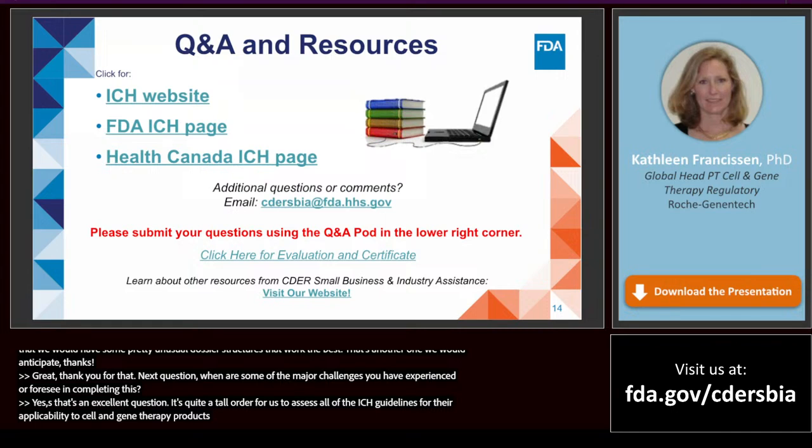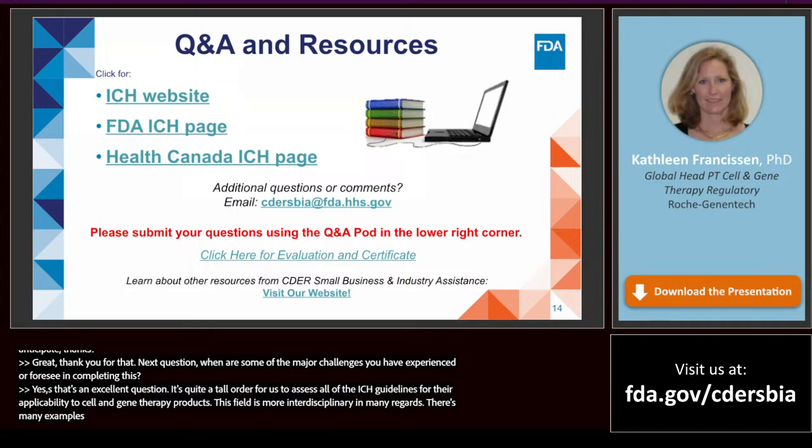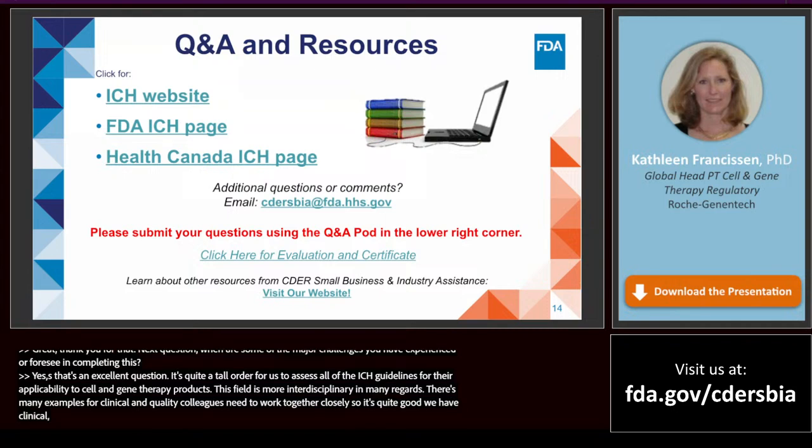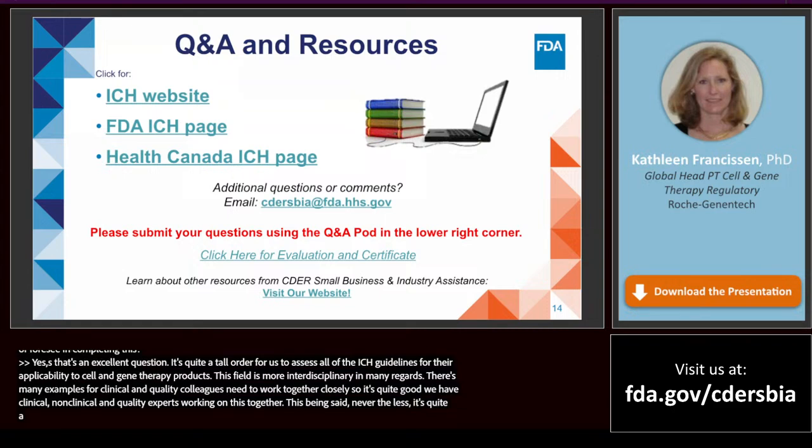This field is more interdisciplinary in many regards. There are many examples where clinical and quality colleagues need to work together closely. So it's quite good that we have clinical, non-clinical, and quality experts working on this together. This being said, it's nevertheless quite a large undertaking.